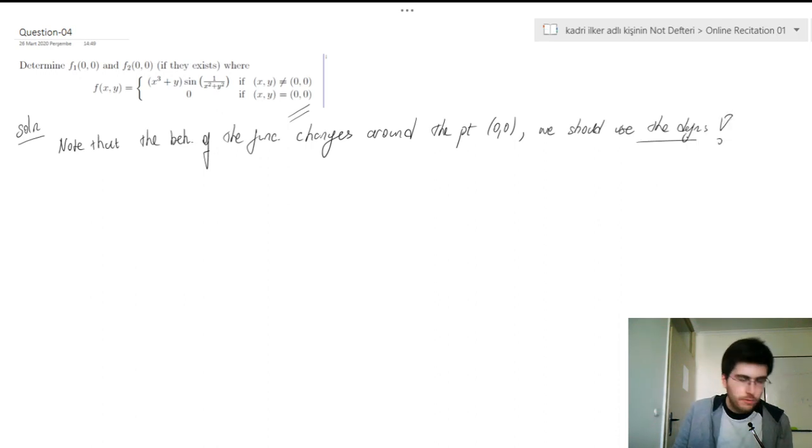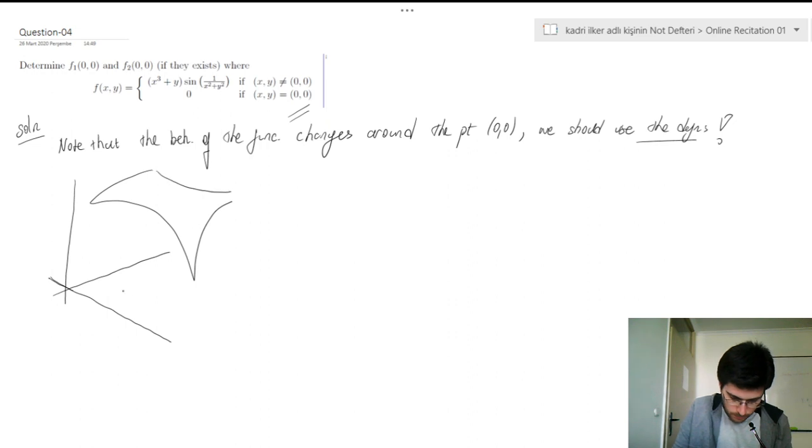Okay, of course we should remember the definitions. Maybe a quick recall is the following. For instance, we have some graph, whatever it is, and we have our point a, b. That point and that point. Everything is nice.